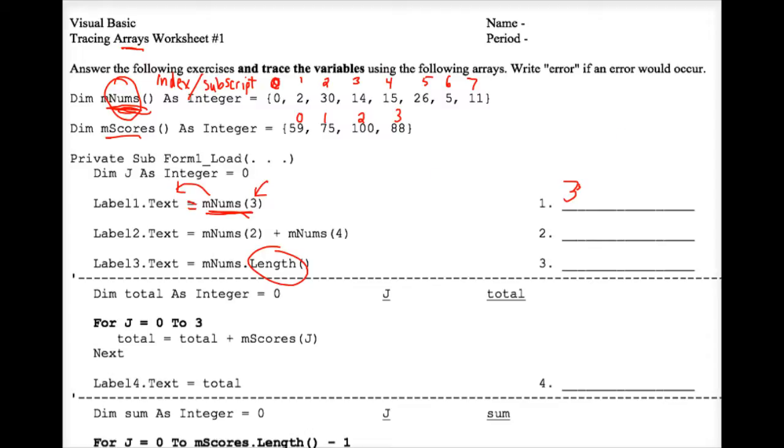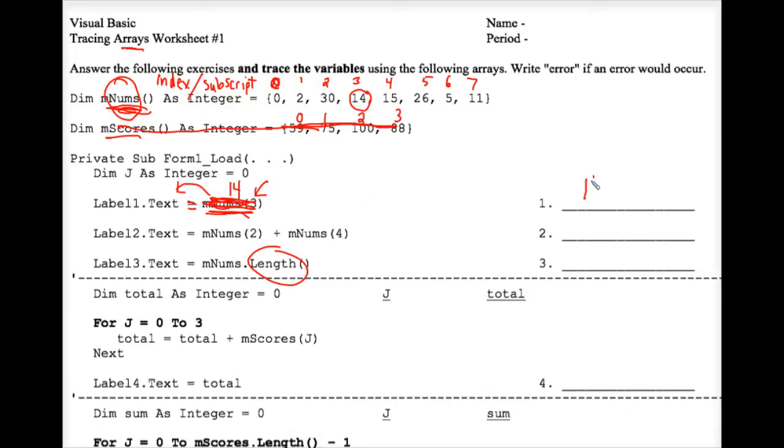The way arrays work is that you find the index position of whatever number is in the parentheses, and you go up to that array, mnums. Okay, we're not using mScores right now. Don't be distracted by that. mnums, and you go to subscript position 3, and whatever value is there, that is what all of this simplifies to. So this is pretty much the same thing as saying label1.text equals 14.